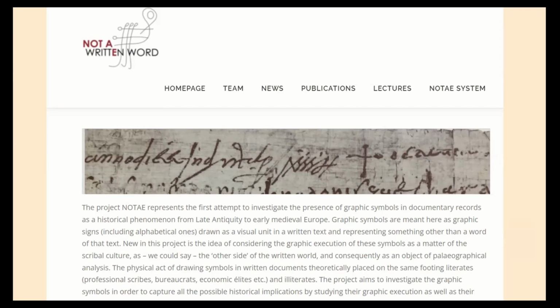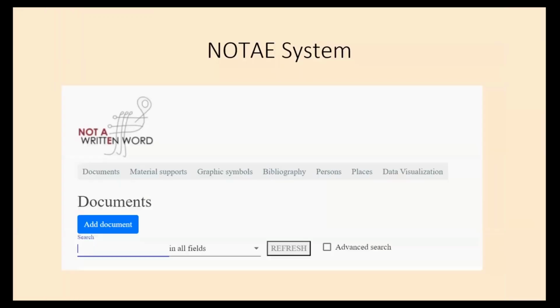The project Note aims to investigate the presence of graphic symbols in documentary records as a historical phenomenon from late antiquity to early medieval Europe. The main and final result of the project will be the Note system, a public repository of graphic symbols collected from original documentary sources.